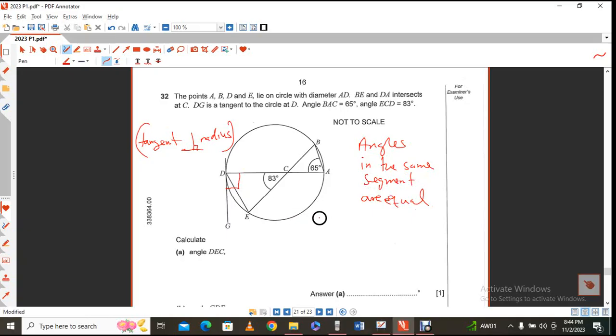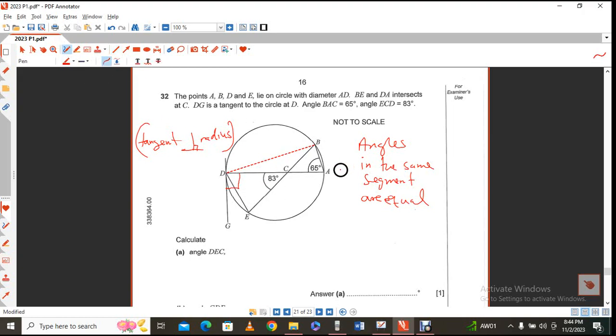So which angles are we talking about? Let me introduce a line BD, for example. If I draw B to D, the region below that chord is a segment. This here is also a segment.